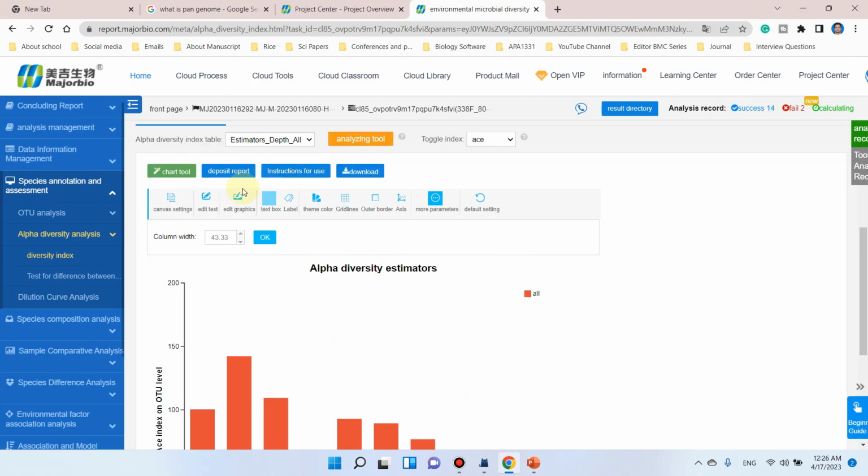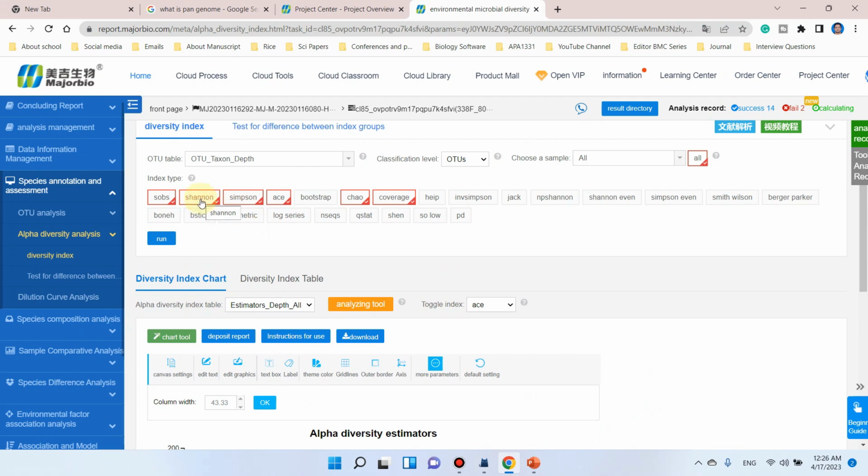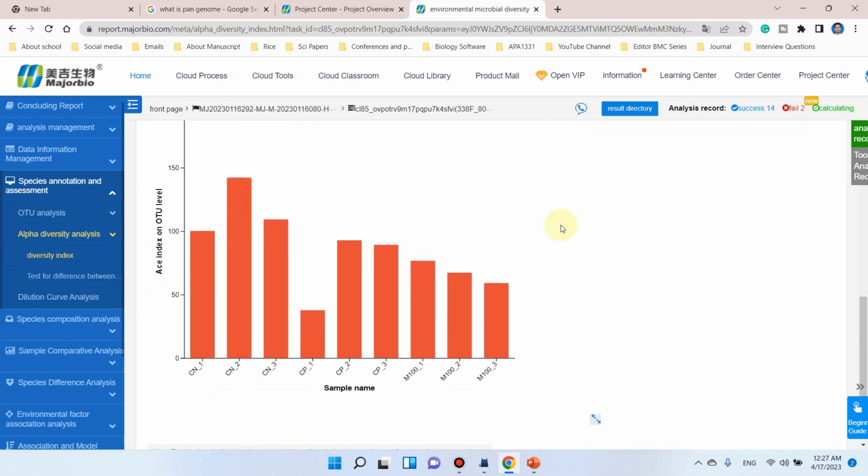So when we have to focus on richness, we use the Shannon index, or when we need to give weightage to evenness, we use the Simpson alpha diversity index. And all other diversity indexes are only relative abundance based indexes.